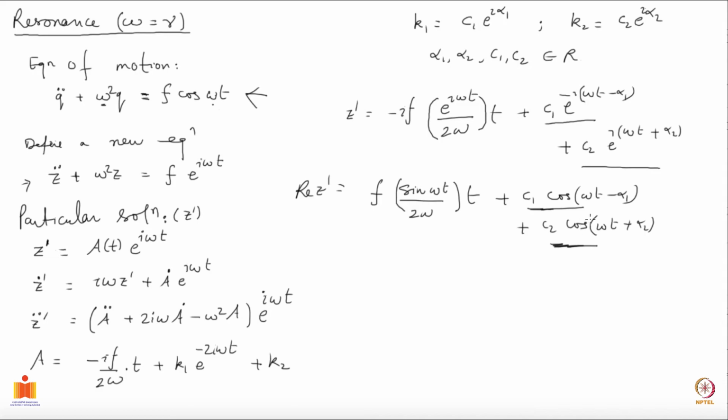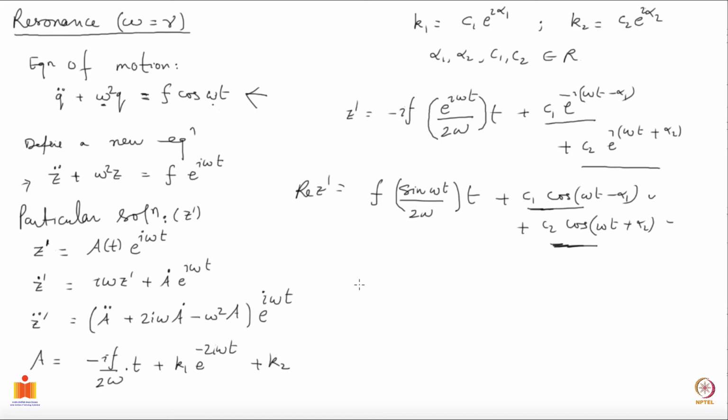But if you don't want to, it doesn't matter, you can keep them, and when you add everything, you can combine this and the homogeneous part again into one function, which will be cos omega t plus some phase times some constant amplitude. So either way, whichever way you prefer, you will have only this piece and the homogeneous part. So I'll put the constants c1 and c2 to 0.